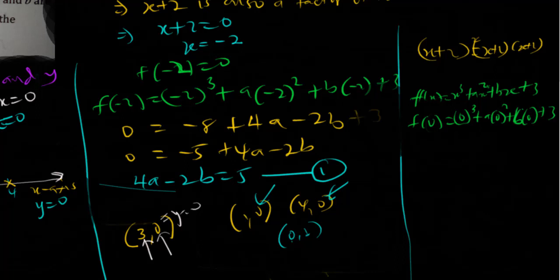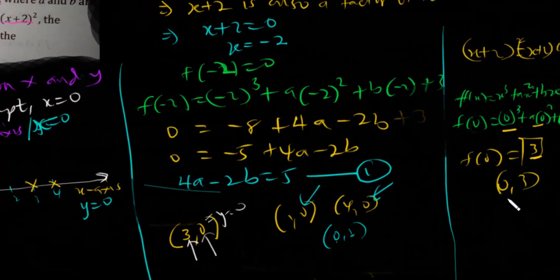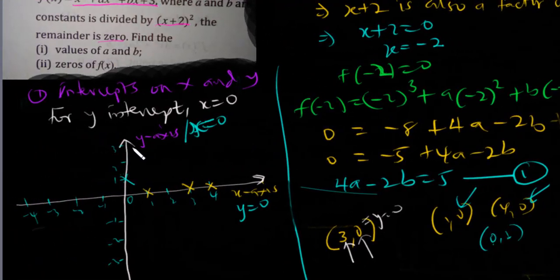Now you can see that all of these are multiplying 0, so that will go to 0. So f of 0 will be 3. So the point will be (0, 3). So that means that our curve will be passing through the point (0, 3) here.